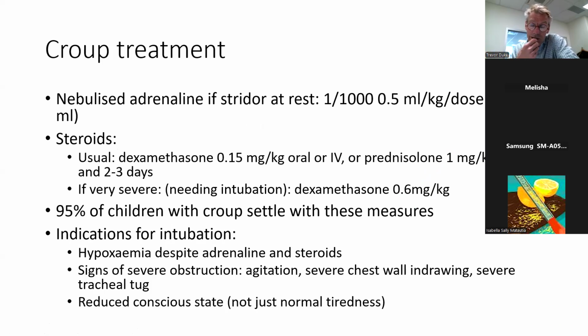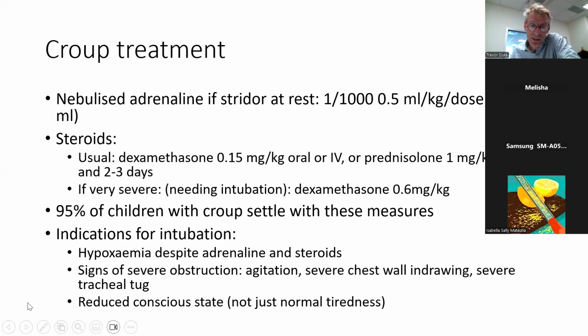They need to be in an ICU where they could be intubated or have their airway protected. It's okay to give those children oxygen, but don't give the child with mild or moderate croup oxygen. If you do that, you mask one of the important signs of upper airway obstruction, and you might miss the fact that the child's getting severely obstructed.